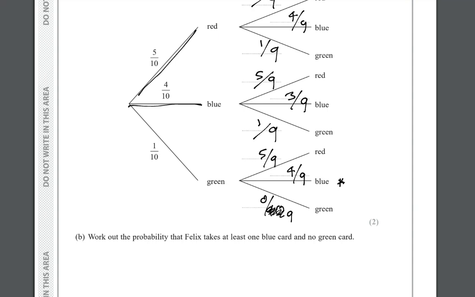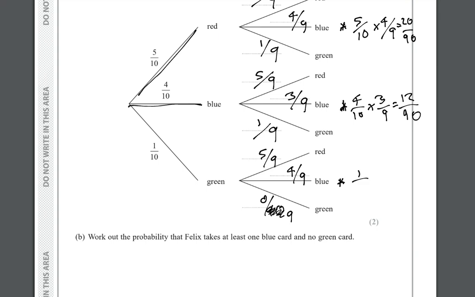Work out the probability that Felix takes at least 1 blue card. Well, that's all the ones with at least 1 blue card. Those are the ones we want. So that's 5 tenths times 4 ninths, that's 20 over 90. This is 4 tenths times 3 ninths, that's 12 over 90.